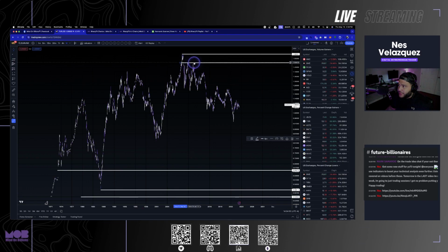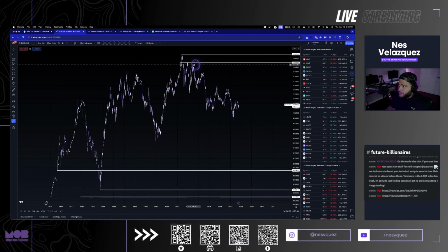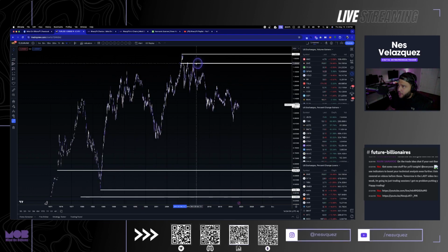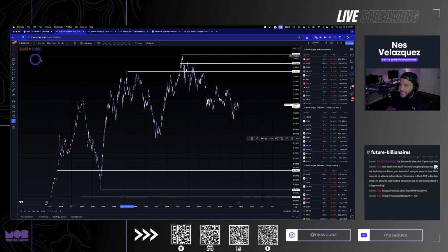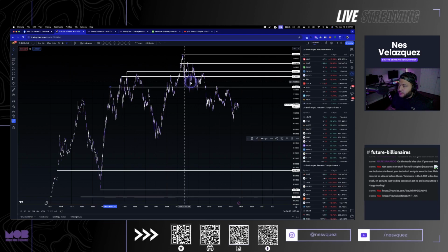If I see 3 touches to an area and the market is doing some hard moves in a particular direction, then that's going to be valid for me to recognize that level. I'm just going to be marking up these levels on the weekly time frame.